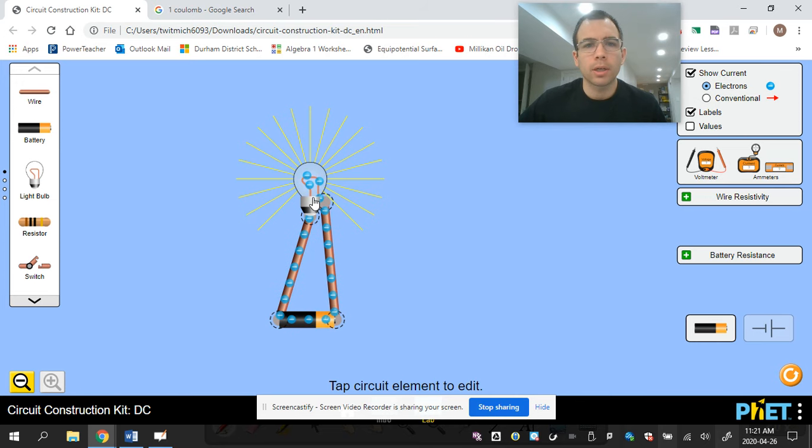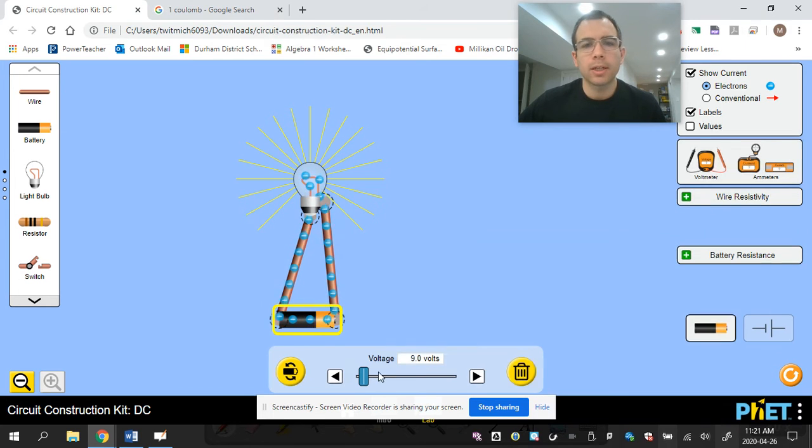What else are we going to talk about here? So we have that. Now, this battery is set to 9 volts right now. So I'm going to turn the voltage down and show you what happens. What you'll notice is that, without even measuring the current, you can see that the electrons are going a lot slower. What that means is the current is lower.